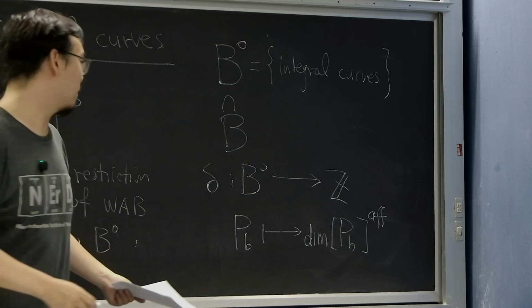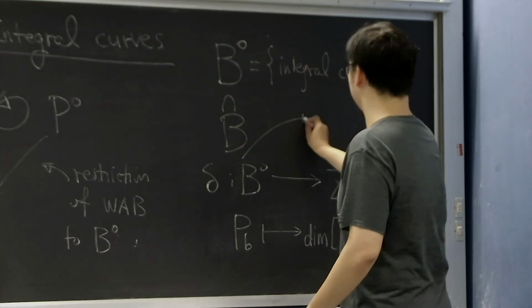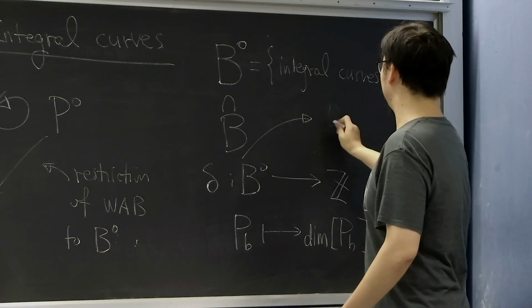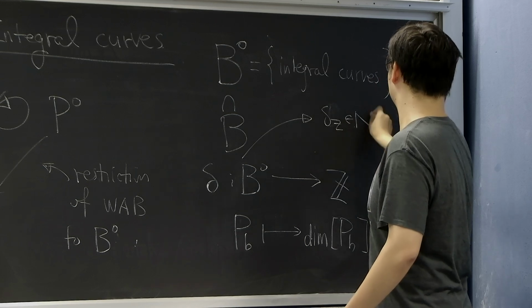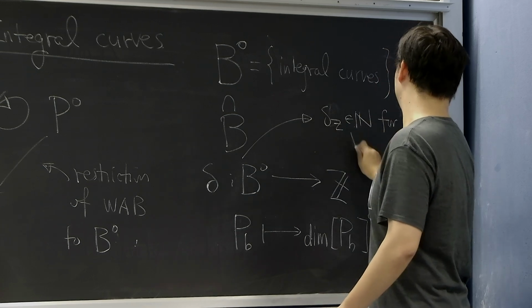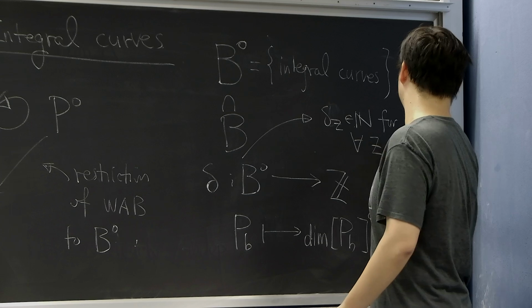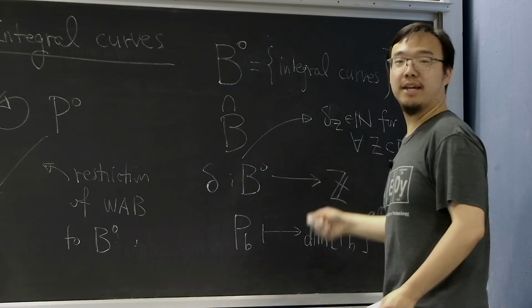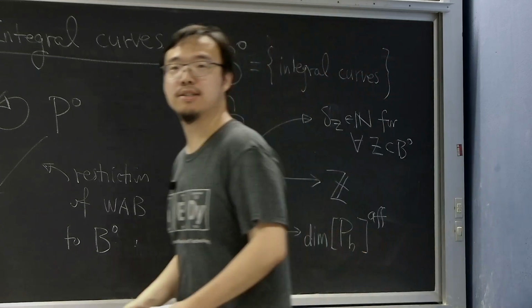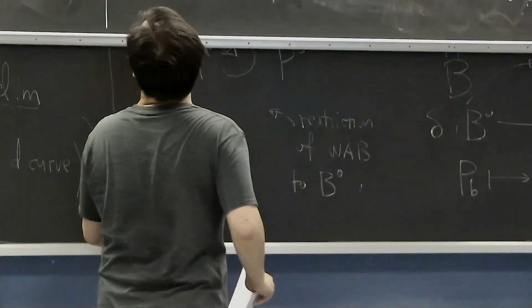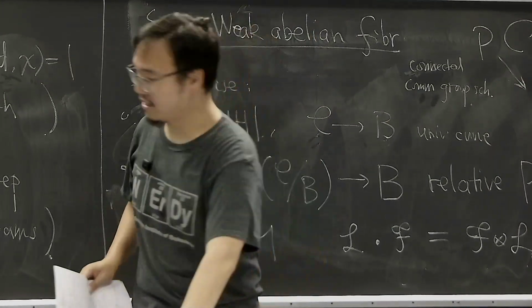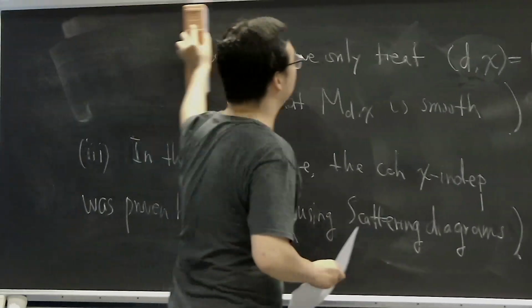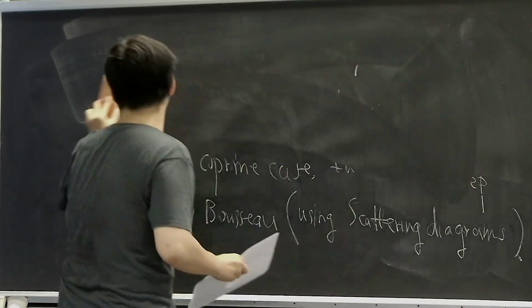From this delta function we can define delta_Z for any irreducible Z inside B circle, by picking a general point and considering the value of this function. Okay, these were introduced last time. So now let's see how they fit into the picture we consider for the concrete geometry.